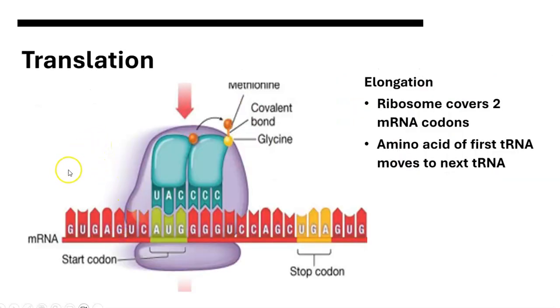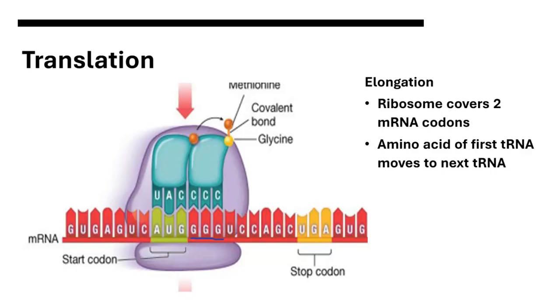All right, so let's continue on with translation. What happens next is we've got more transfer RNAs that are going to come in and bind to the next codon. Our next codon is GGG. So the transfer RNA that comes in has to have the anticodon CCC. It brings with it a different amino acid for that codon of GGG.